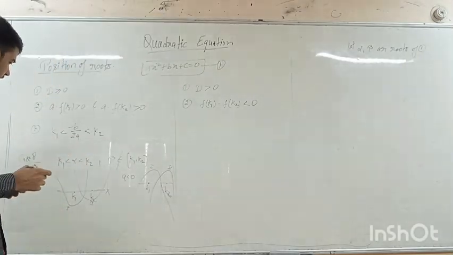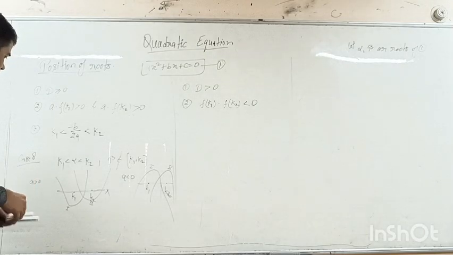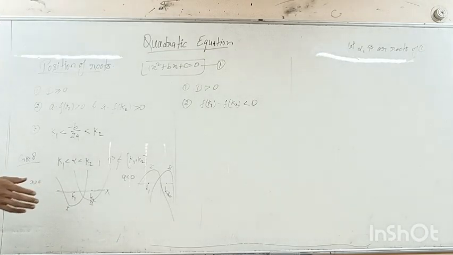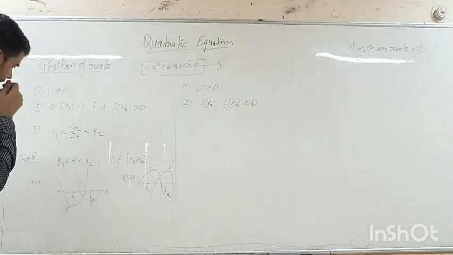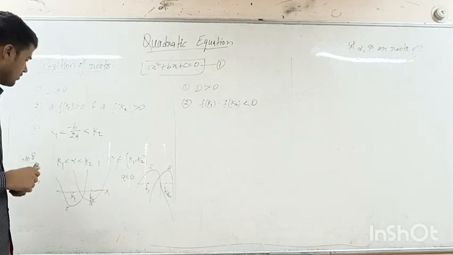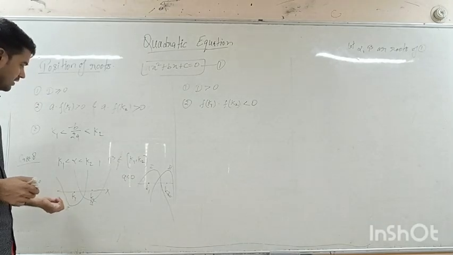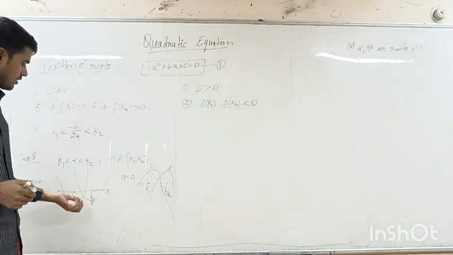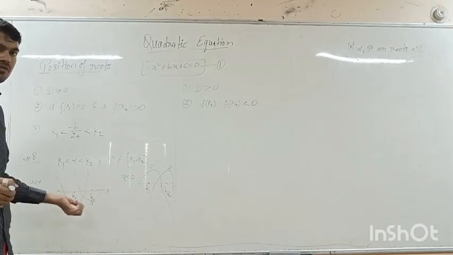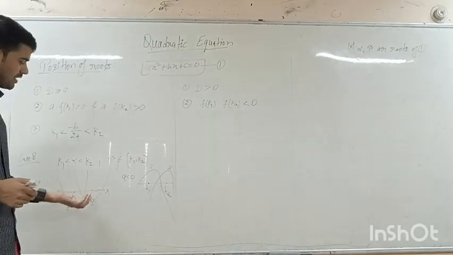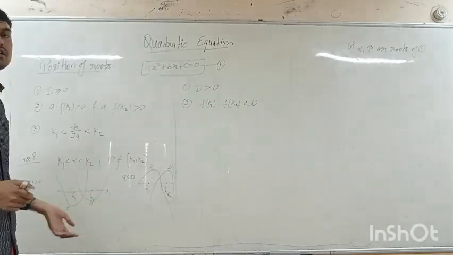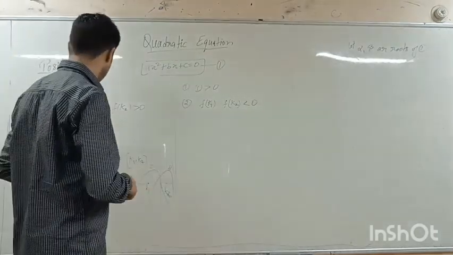So this is what we can say about f(k1) and f(k2). Can we say anything about minus b by 2a? I think we cannot say anything about minus b by 2a because the graph can be slightly this side of k1, or minus b by 2a can be less than k1, in between k1 and k2, or greater than k2. So we cannot say anything about minus b by 2a.